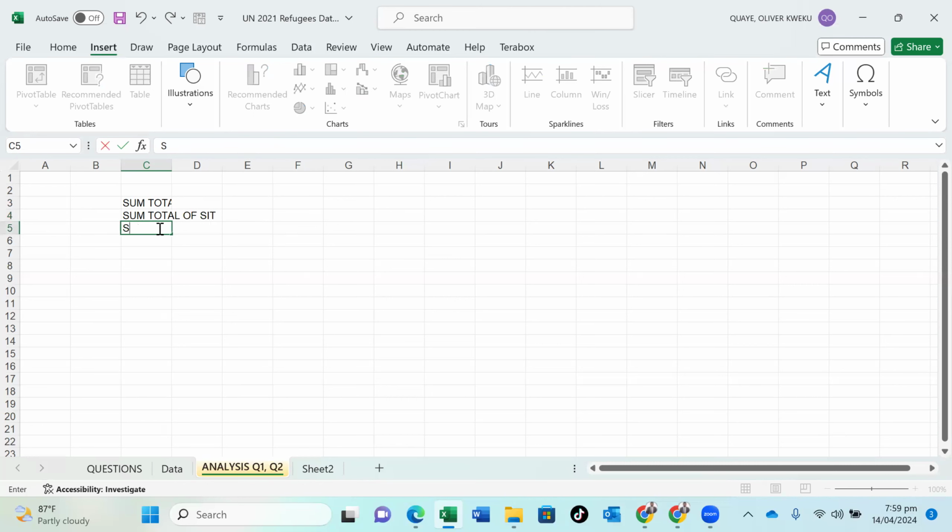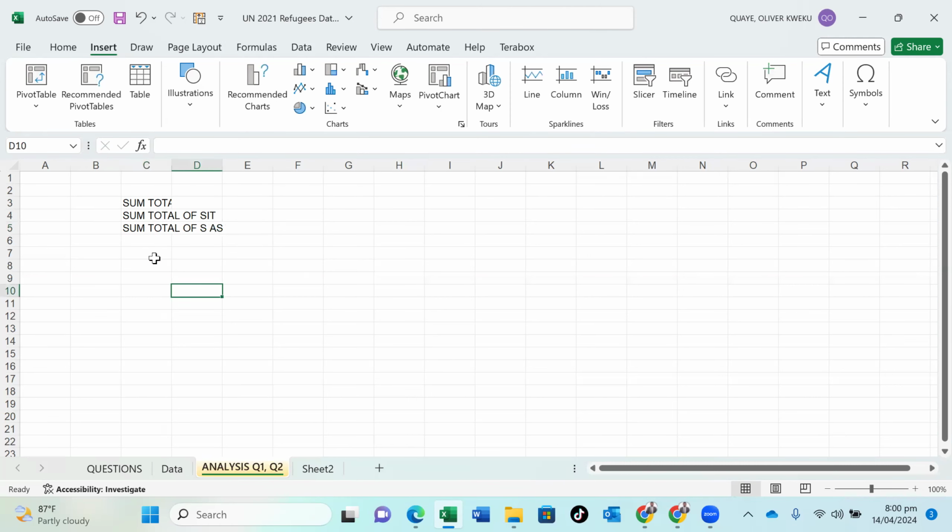And we are looking at the third one, sum total of the situation assisted, right? So over here, in order to enhance my data readability and data visibility, please, let's take note of the terminologies.